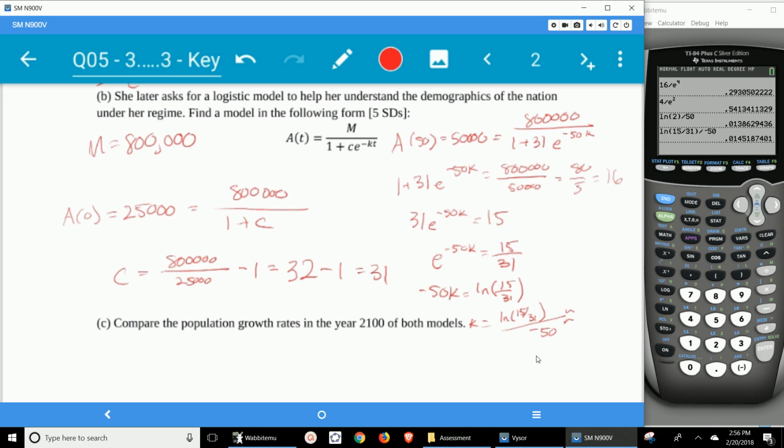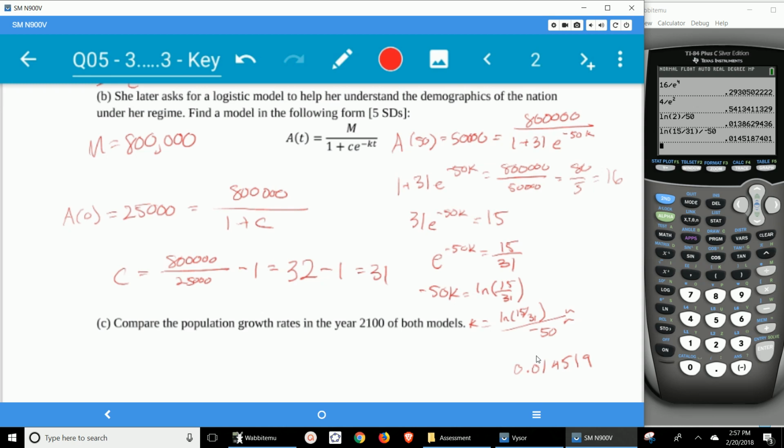I'm getting 0.014519. Okay, that's 5 significant digits.